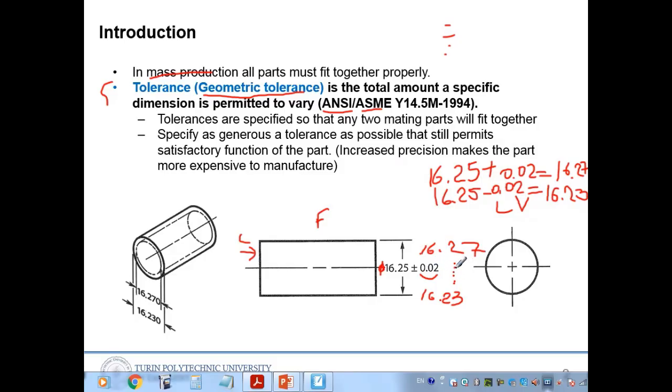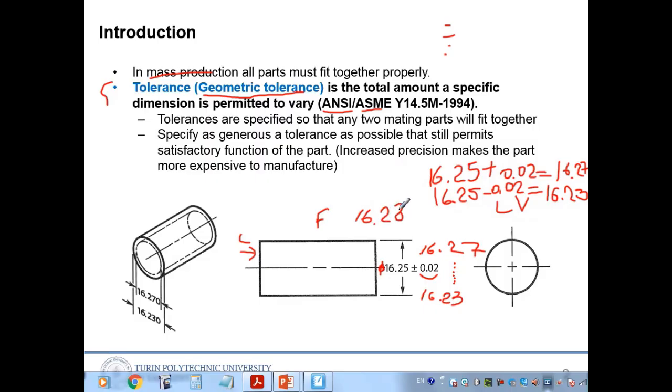So a lot of values might be inside of this. All are allowed. The meaning of this tolerance is that if you produce the part with this diameter, all of these values are allowed.